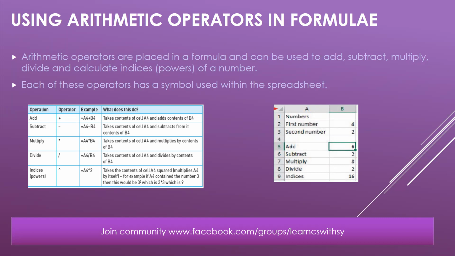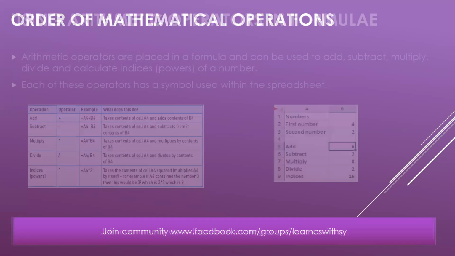Similarly, we performed subtraction. We performed multiplication as well as division, as well as indices, or you can say the power of 4 that is present in B2. Okay, so this is how we need to remember the operators that are used for performing different operations in Excel.